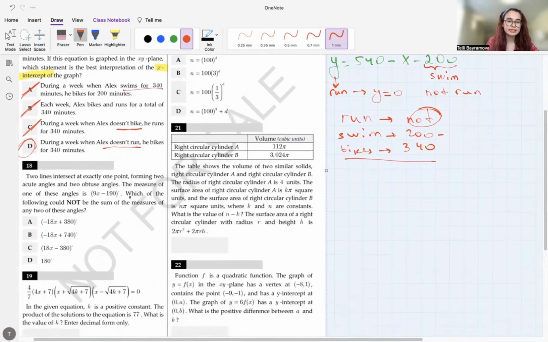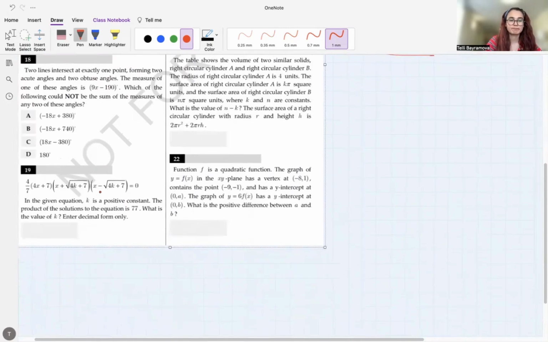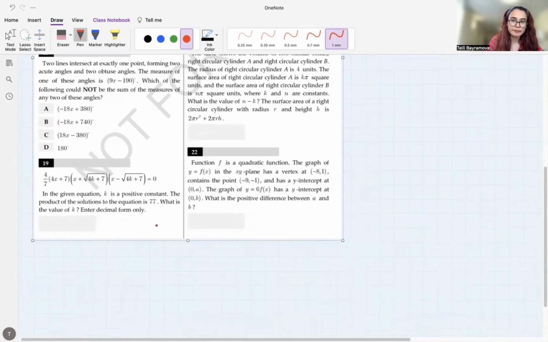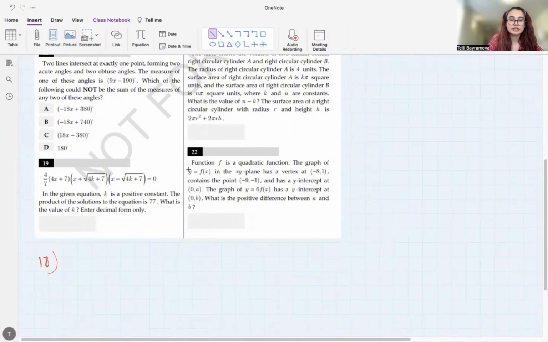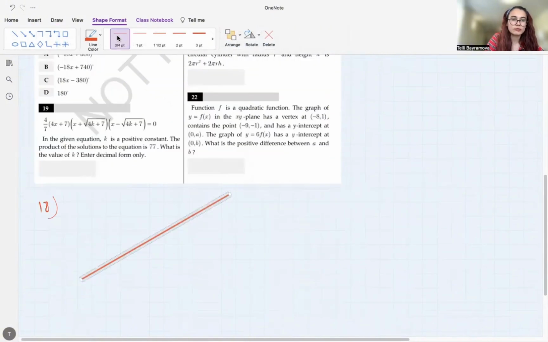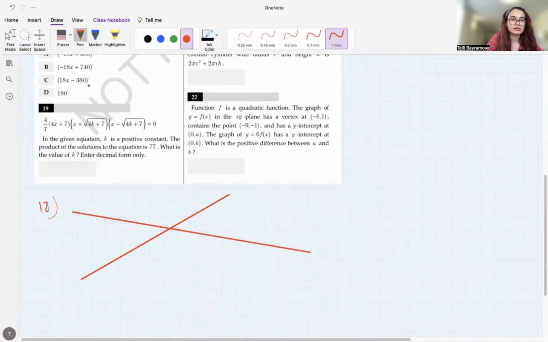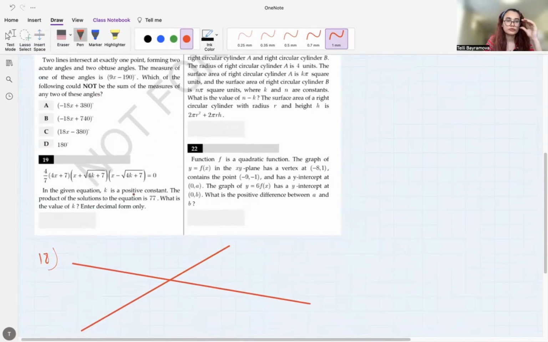So next, 2 lines intersect at exactly 1 point. Let's draw this. It is question 18. We have 2 lines which intersect at exactly 1 point, and 2 obtuse and 2 acute angles. As you know, the 2 obtuse angles are vertically opposite to each other and they are equal.